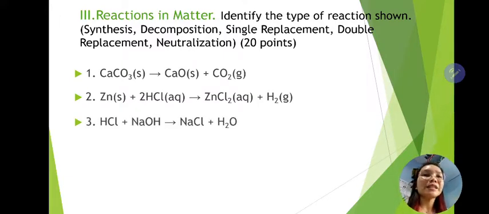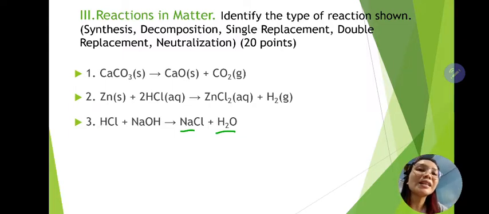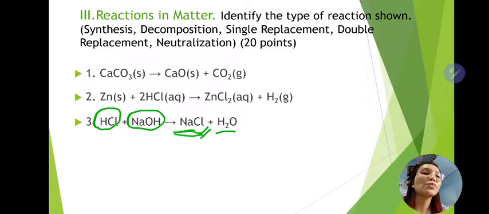Then, we have HCl plus sodium hydroxide. We had the formation of salt and water. In our discussion, this type of reaction is considered a neutralization reaction. HCl is an acid, sodium hydroxide is a base, and then we have the formation of salt, which is sodium chloride, and water. So, this type of reaction is a neutralization reaction.